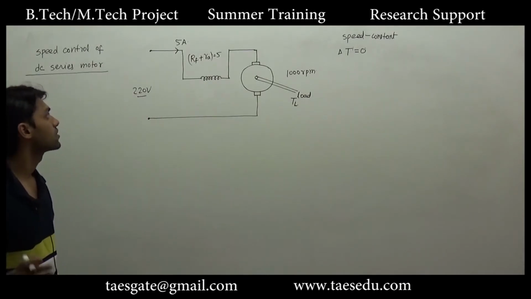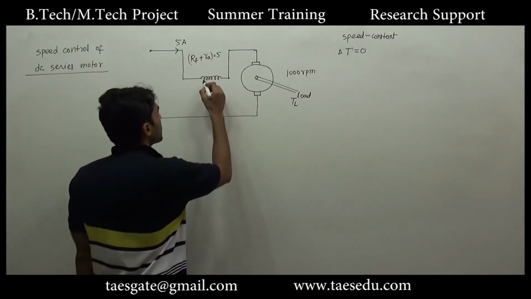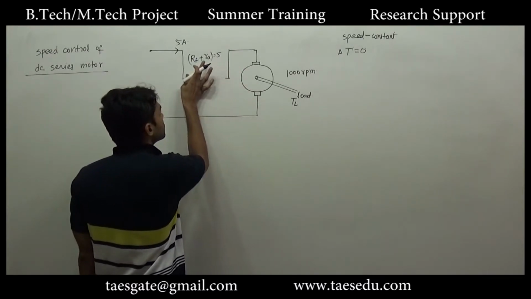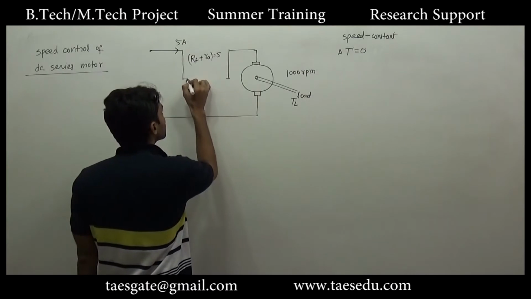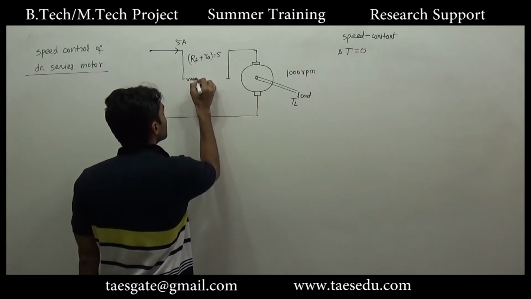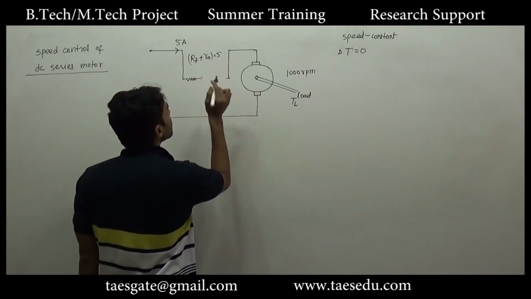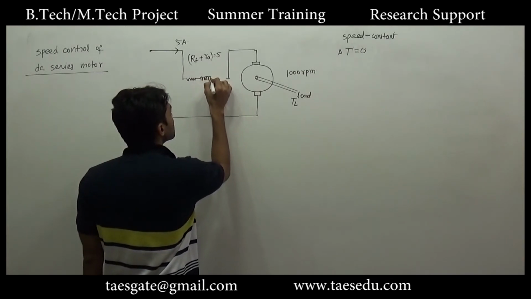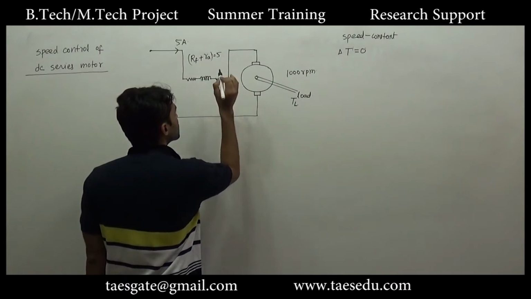Now suppose we have to control the speed by varying this resistance. Here we may have a rheostat. There will be field resistance and armature resistance.